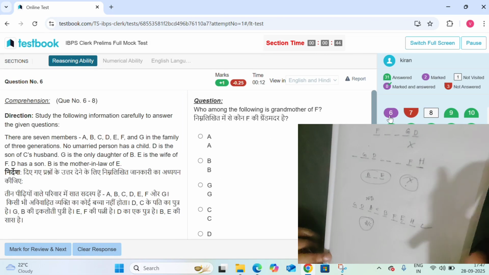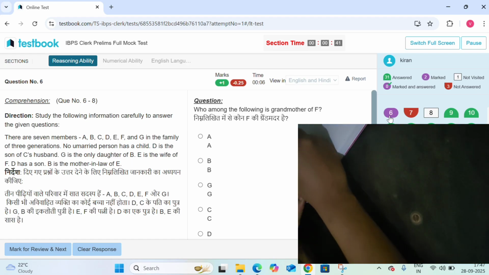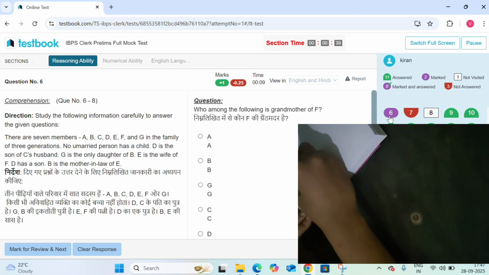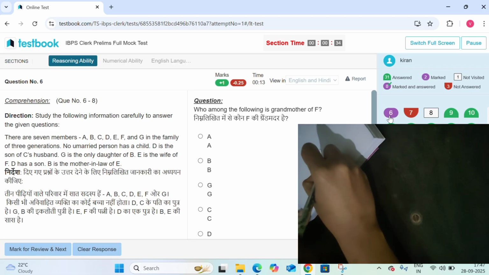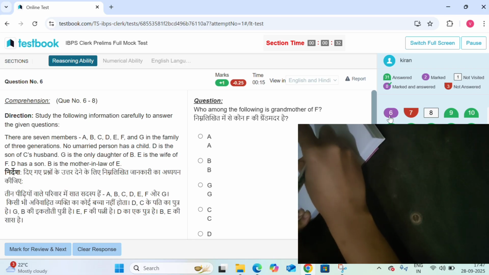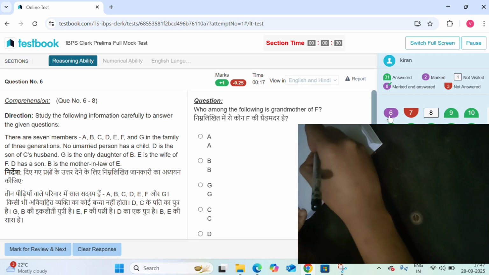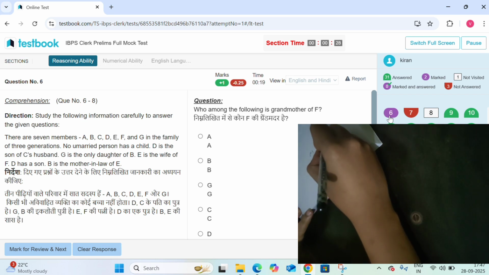Okay. There are 7 persons in the family of three generations. No married person has a child, and D is the son of C's husband. Plus and minus. Next, G is the only daughter of B. E is the wife of F and D has a son.